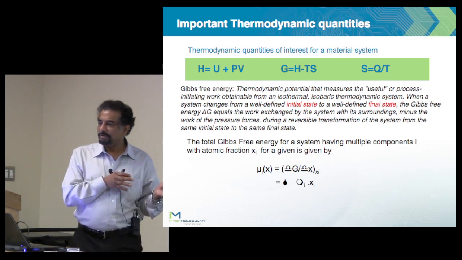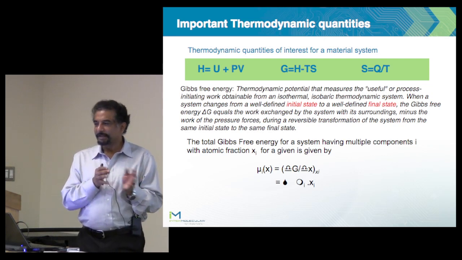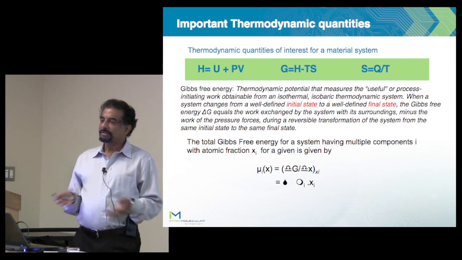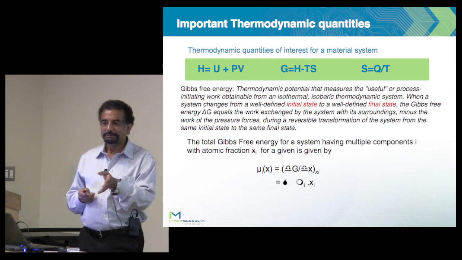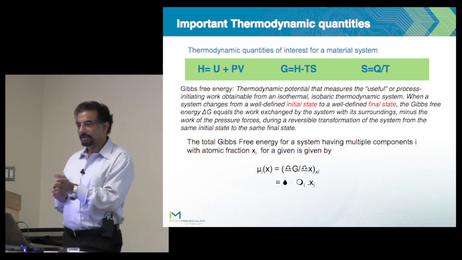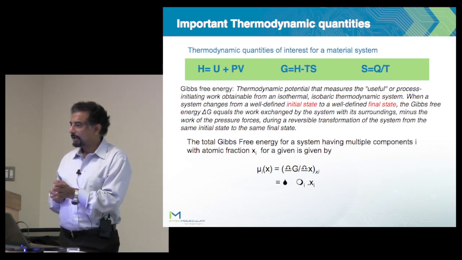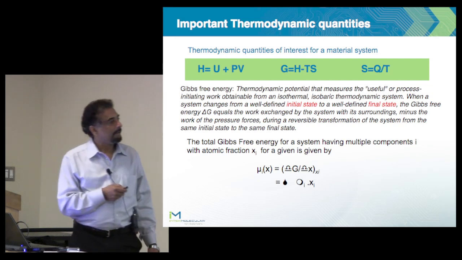I'll give examples of that, because that's the simplest case. In spite of having a large number of atoms and things happening, you just focus on one and look at what happens energetically to that particular atom or element.